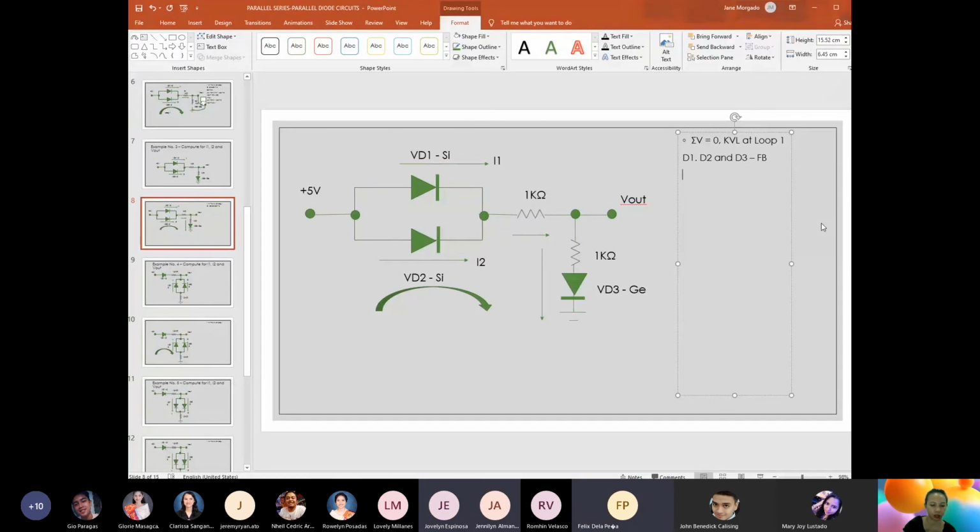Positive side, 5, minus 0.7, minus IR1, minus IR2, and minus 0.3 volts, is equal to 0.